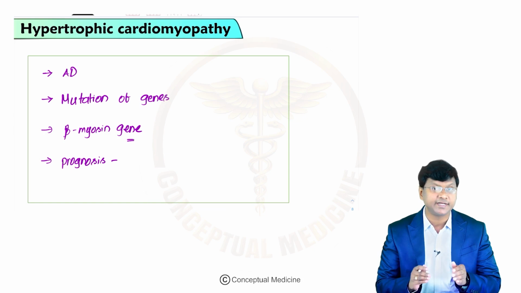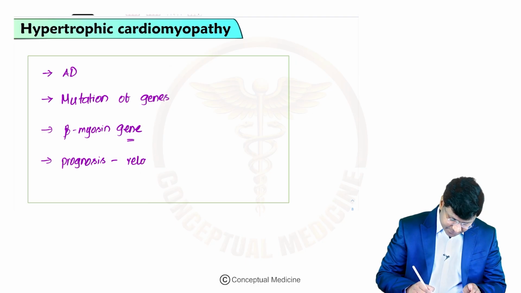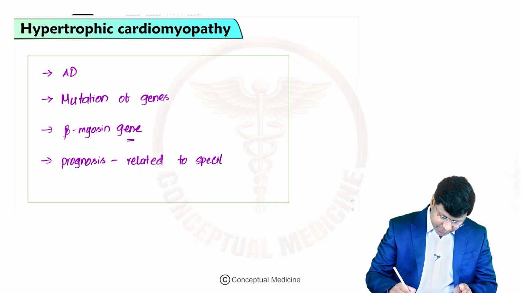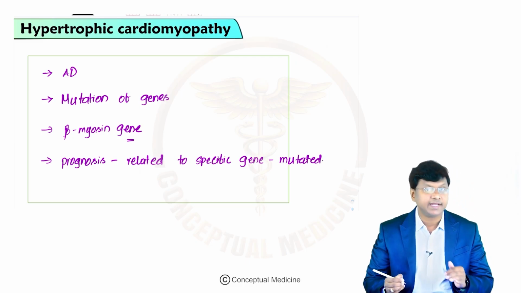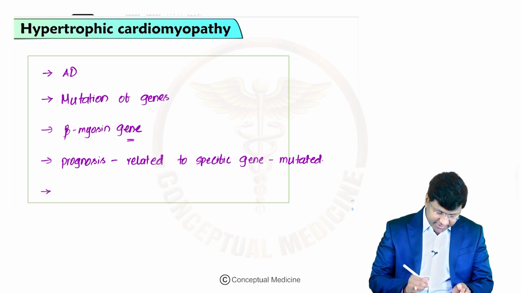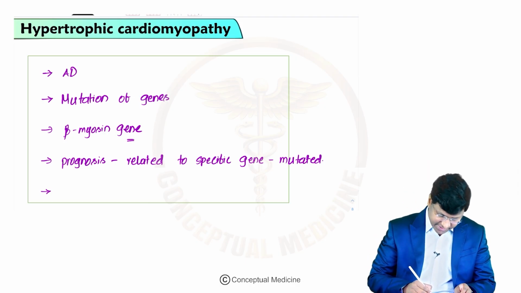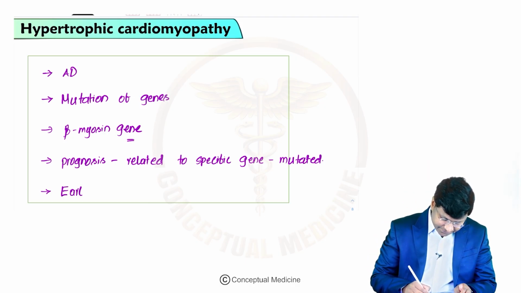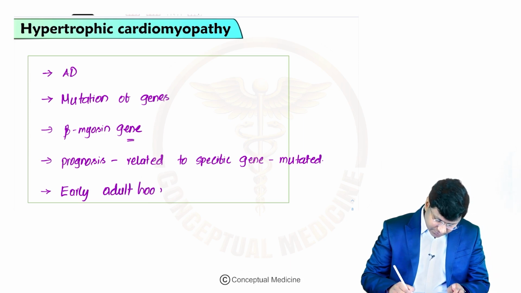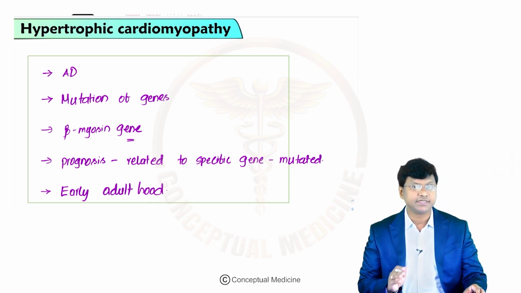The prognosis is completely related to the specific gene which is mutated. And when will these patients present? Patients usually present in early adulthood.